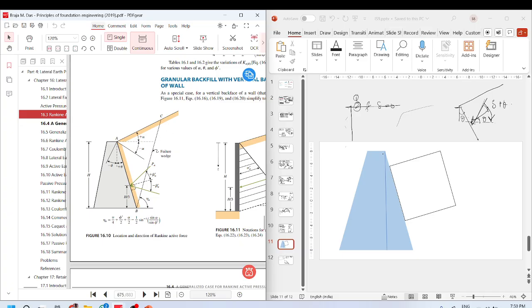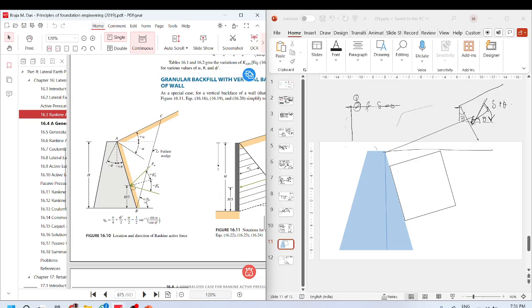Till now what we were doing was we were just taking the failure wedge like this, isn't it? But now we have to adjust for this inclination, and this has been given.